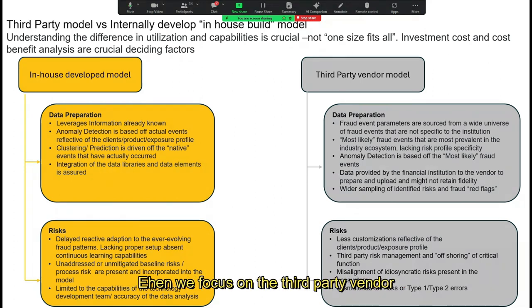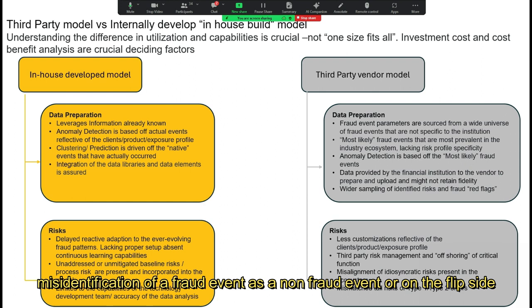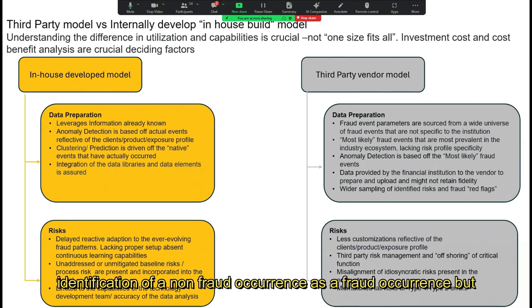When we focus on the third-party vendor models, there are additional risks, such as misalignment of the idiosyncratic risks that are native to one financial institution with the predictive engine of a model that is based on the most likely idiosyncratic risks. There are mismatched tail events, such as misidentification of a fraud event as a non-fraud event, or on the flip side, identification of a non-fraud occurrence as a fraud occurrence.